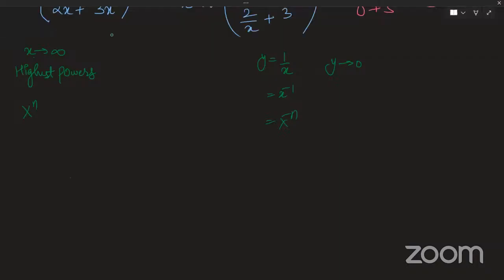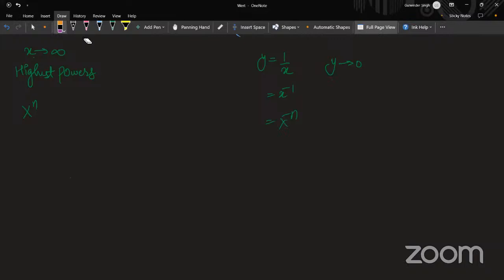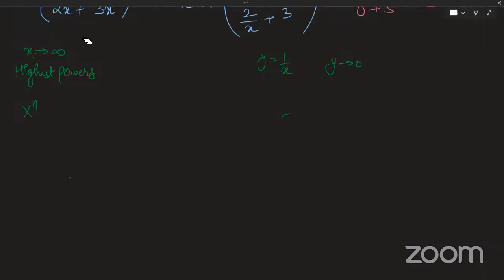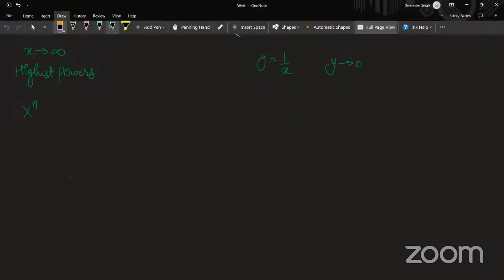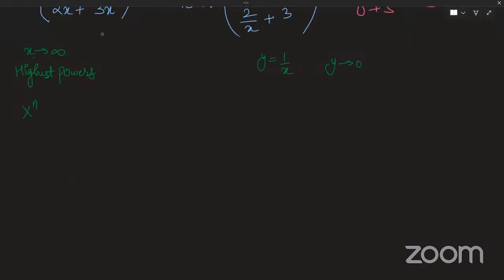Do you all agree with this? If I was raising x to n power, then over here it is 1 by x, so it can be written as x to the power of minus n.